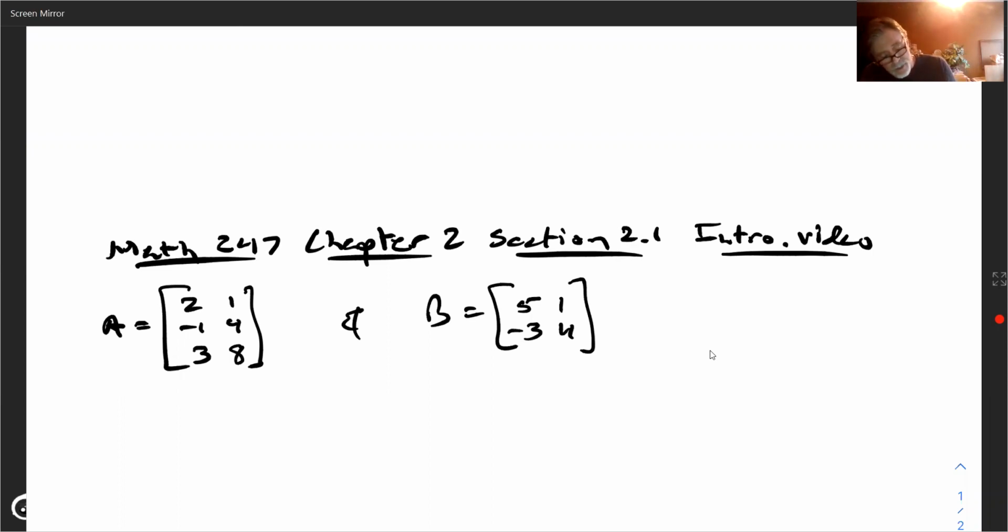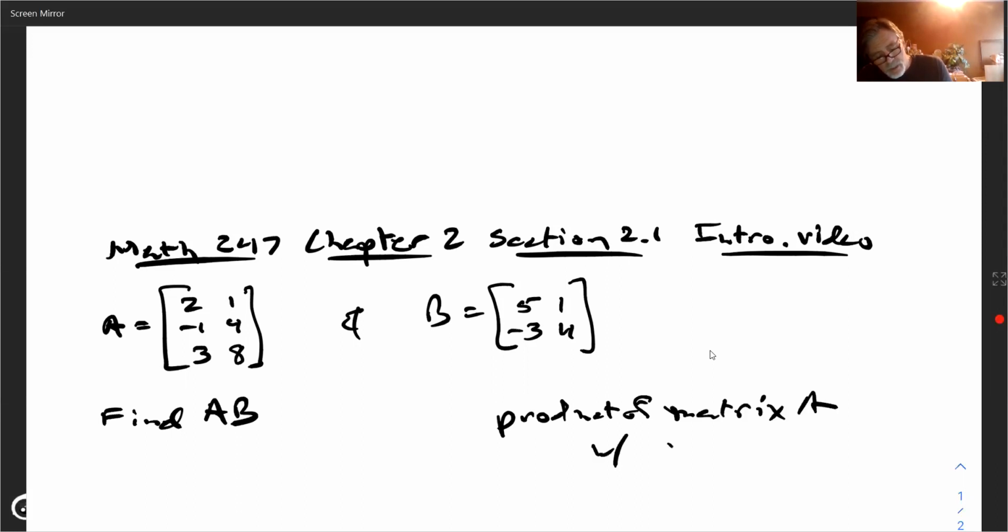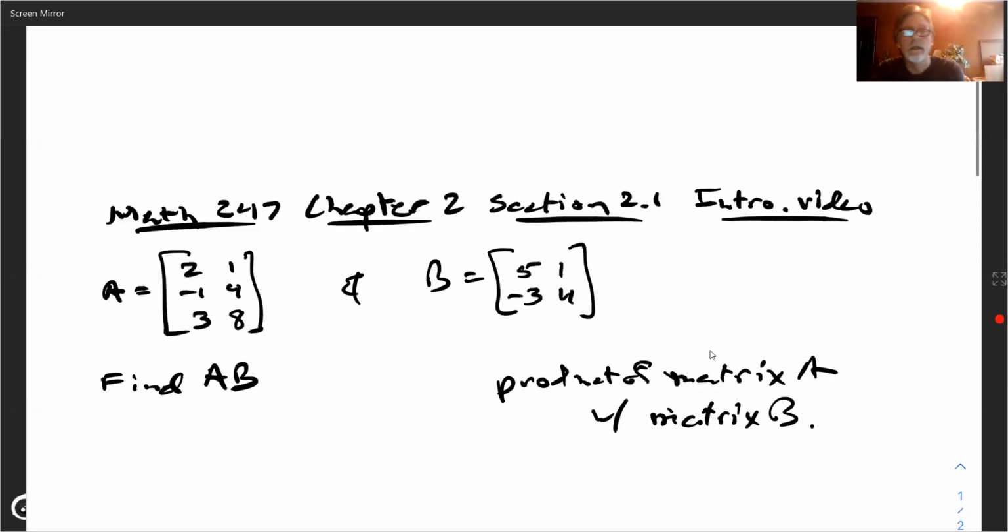So let's look at the notation here, AB. What that means is it's the product of matrix A with matrix B. Okay, and how in the heck are we supposed to do that?